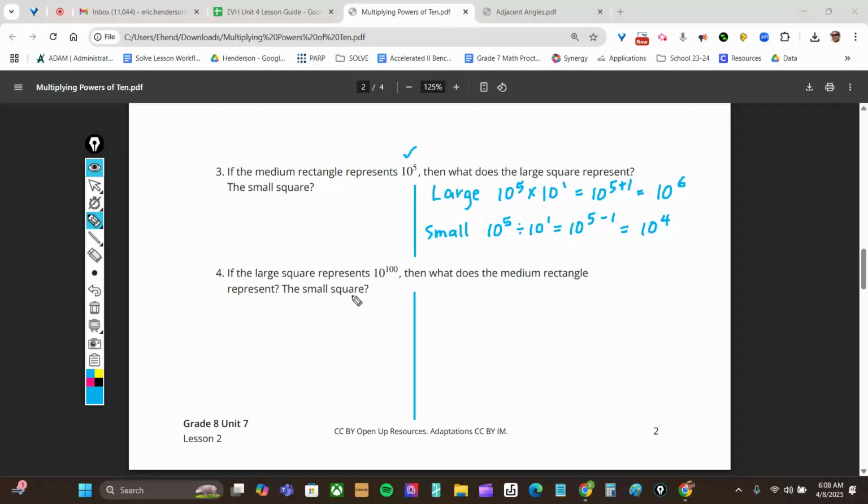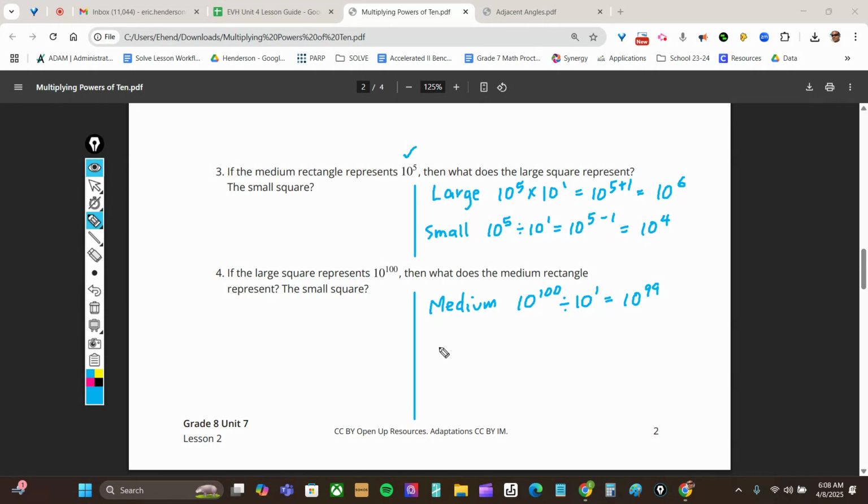It says if the large square is 10 to the 100, what is the medium? So we want to do medium, and that is going to be 10 to the 100 divided by 10 to the first equals 10 to the 99th power.